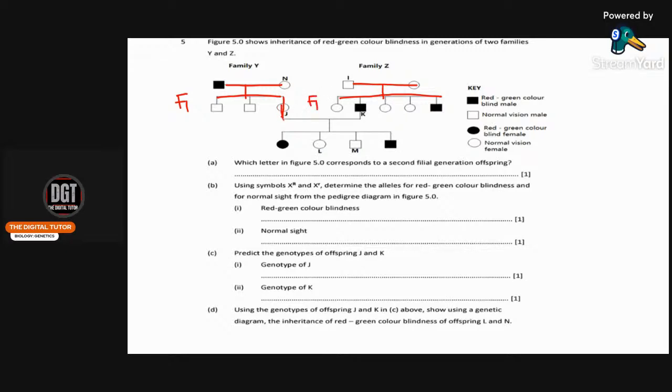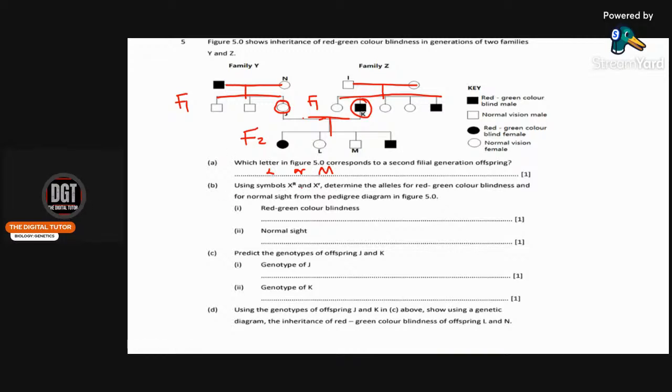Now from the F1, a girl from this family got married to a man from this different family, and they produced children. So this is what we call F2. Which letter corresponds to the second filial generation of offspring? In this case, we can put letter L or M to represent the second filial generation.